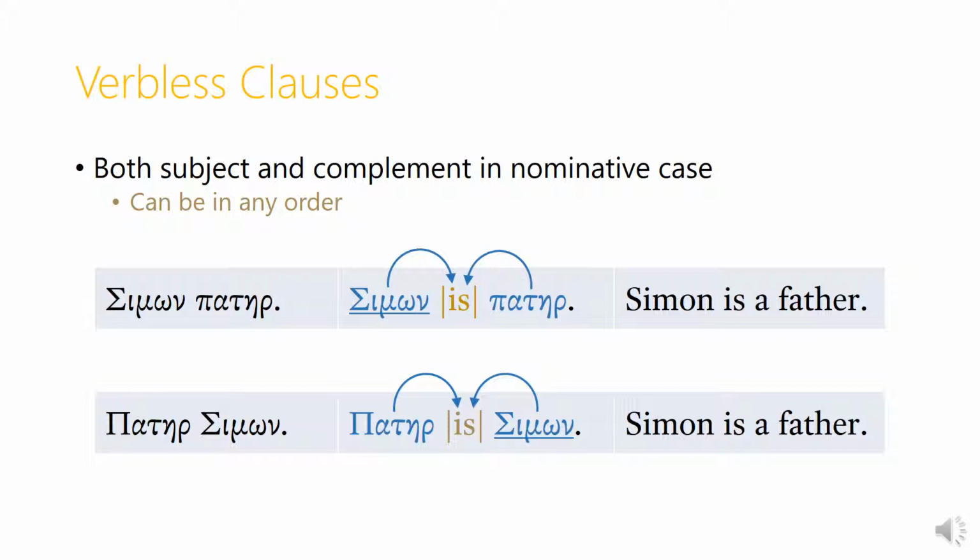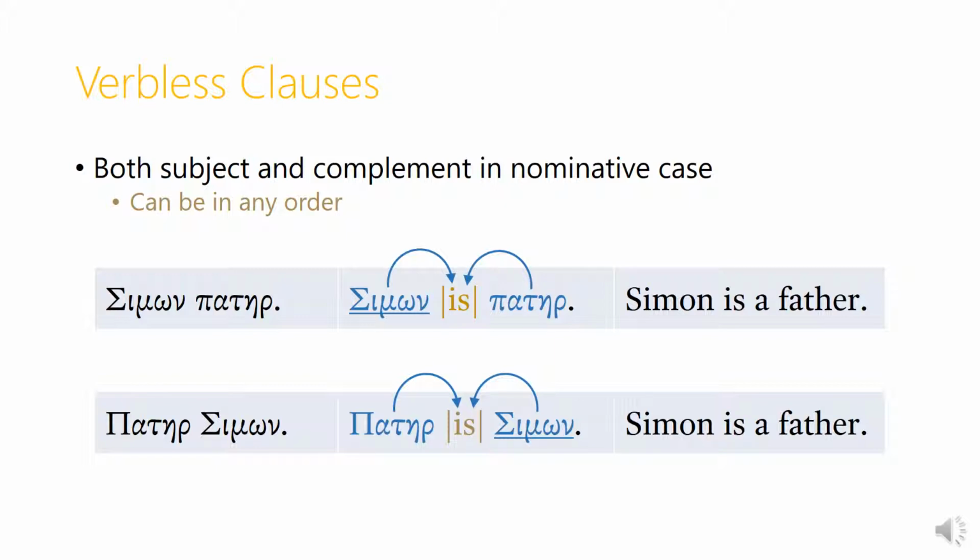And in both cases, since Simon is definite, it's a proper name, so it's implicitly definite, even if we don't put a definite article on it. We assume that Simon is probably the subject. So Simon is a pater, a father. And that doesn't change just because we change the word order. Simon is still the definite noun, and so we still take Simon to be the subject.